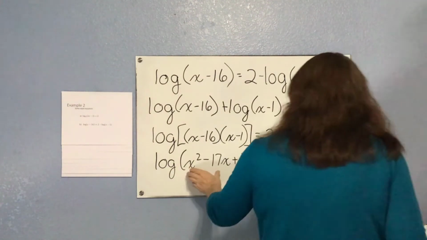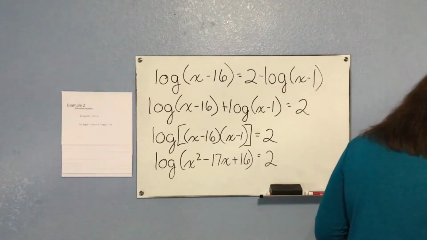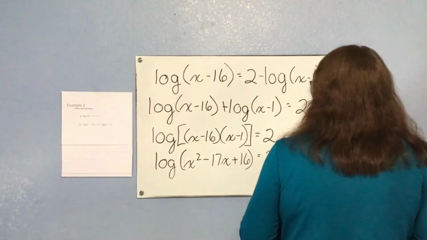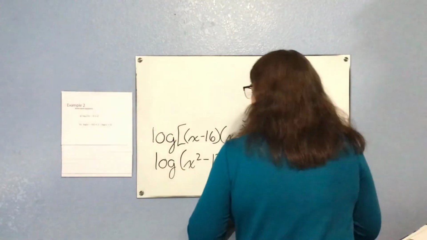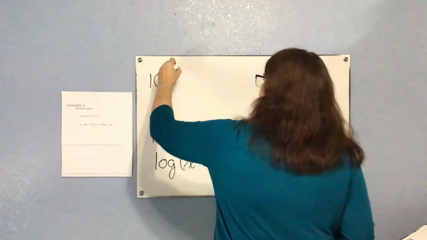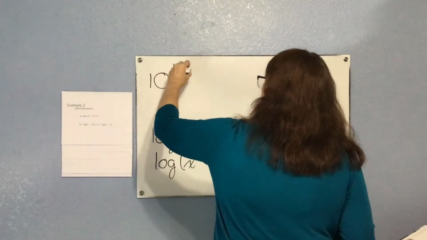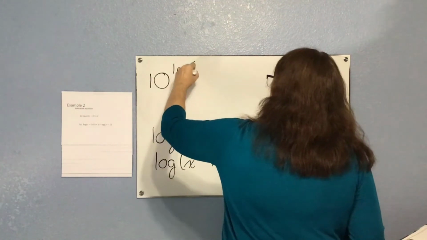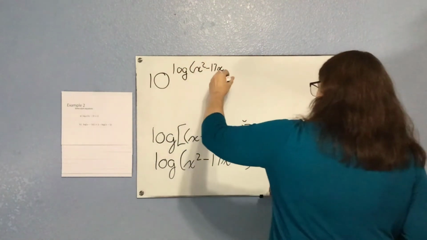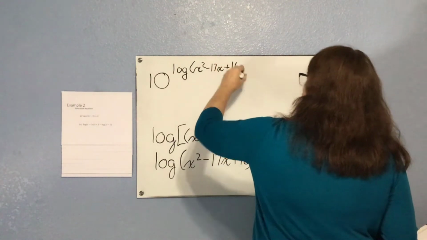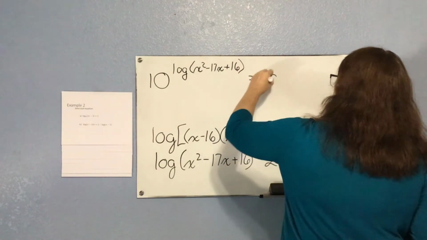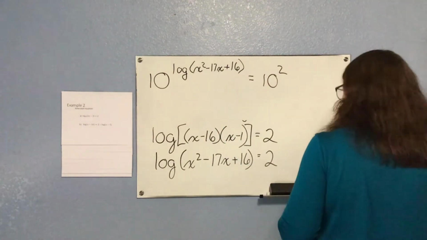And now that I have one logarithm, I can use that technique again by making the logarithm an exponent. So up here I'm going to have 10 to the log of x squared minus 17x plus 16 equals 10 squared.